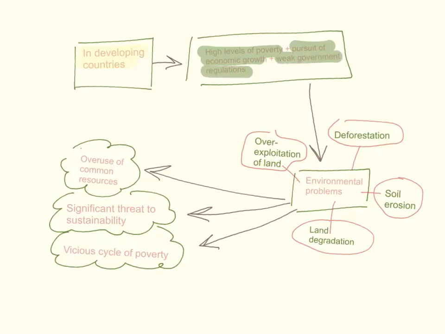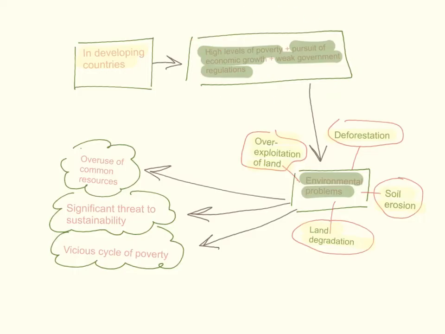Those three things, high levels of poverty, pursuit of economic growth, and weak government regulations, often lead to certain environmental problems, such as deforestation, that's one of them, soil erosion, land degradation, overexploitation of land.